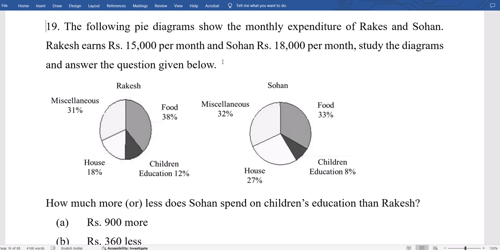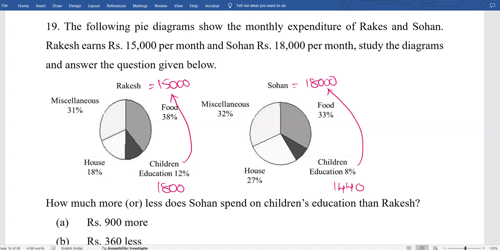How much more or less does Sohan spend on children's education than Rakesh? See, first, Rakesh's salary is 15,000. Sohan's salary is 18,000. This is regarding education. So 12% of this, which is 1800, whereas this one is 8%, which is 1440.